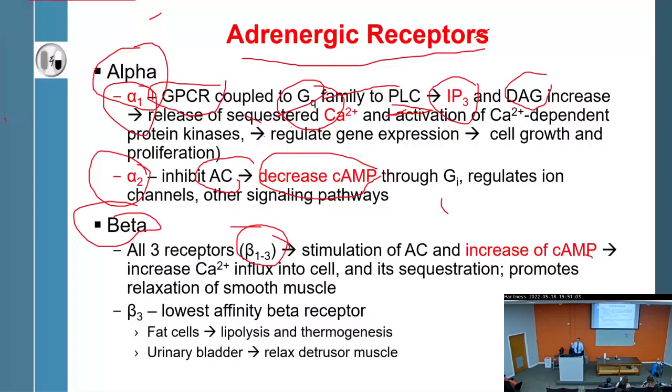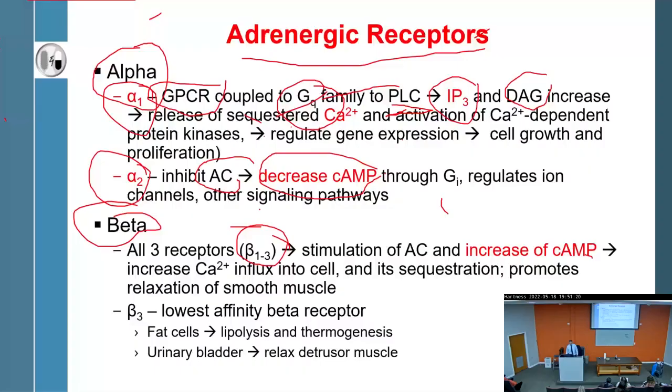Okay, so in terms of the alpha receptors, we have activation of phospholipase C as an effector in the case of the alpha 1, and in the case of the alpha 2, an inhibition of adenylyl cyclase as an effector.